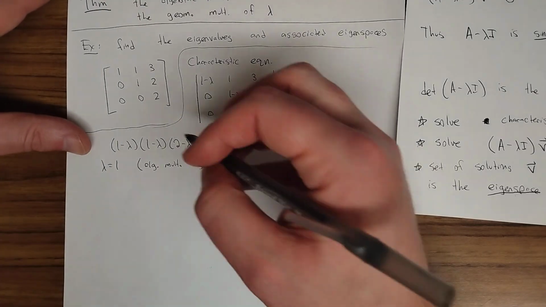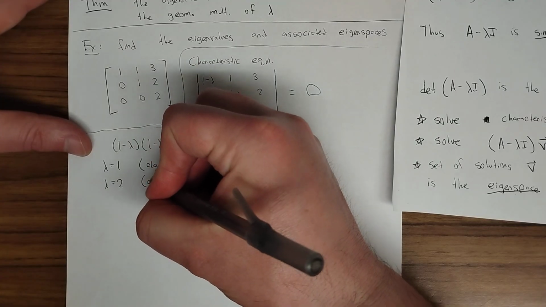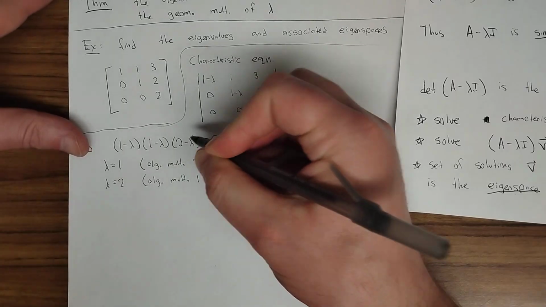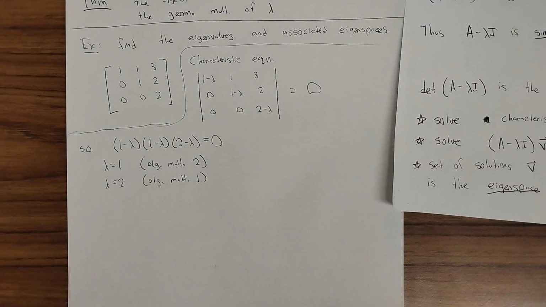That's what I mean. Now lambda equals 2. That just has algebraic multiplicity 1 because there's just this one factor. Okay, so let's find the associated eigenspaces.